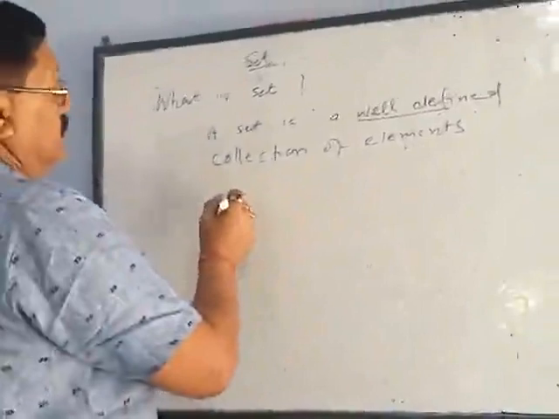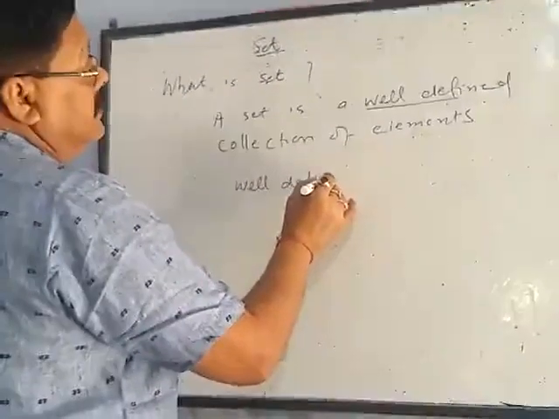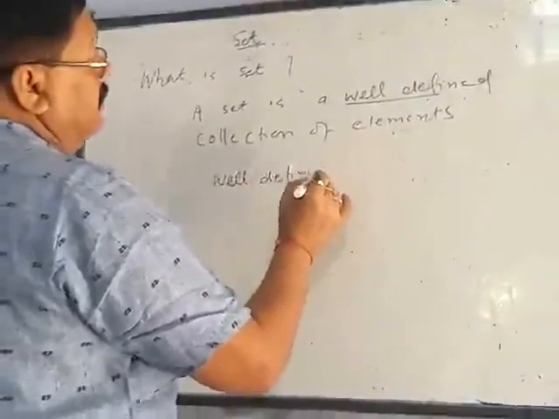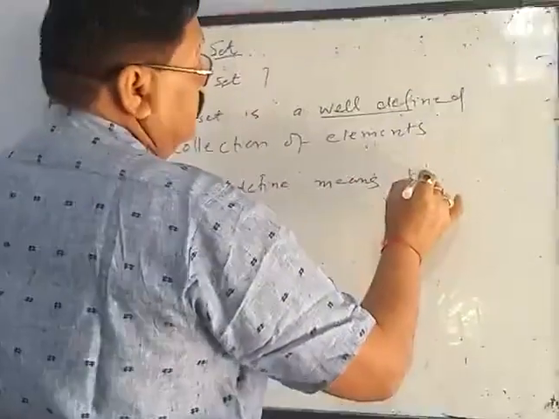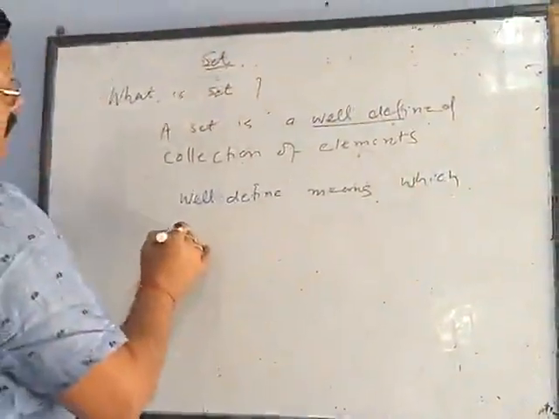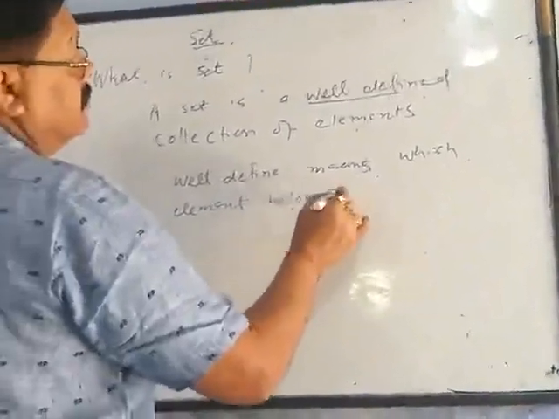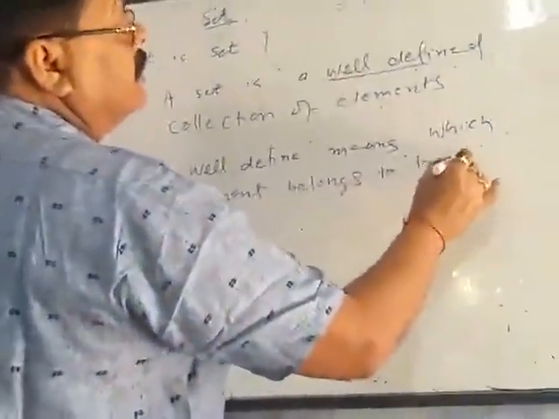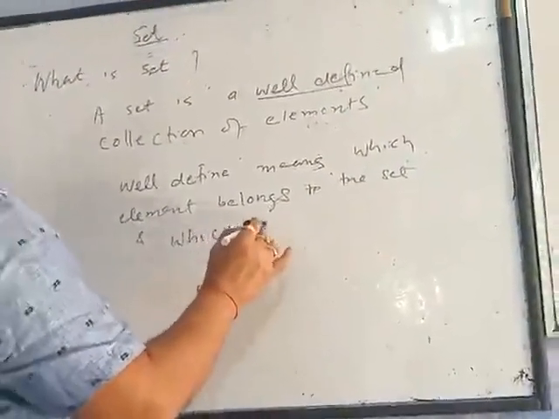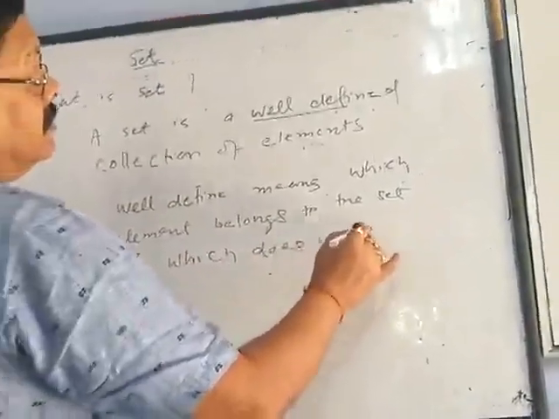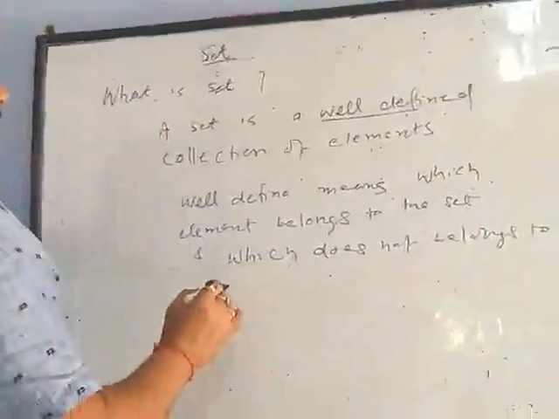Well-defined means which element belongs to the set and which does not belong to the collection.